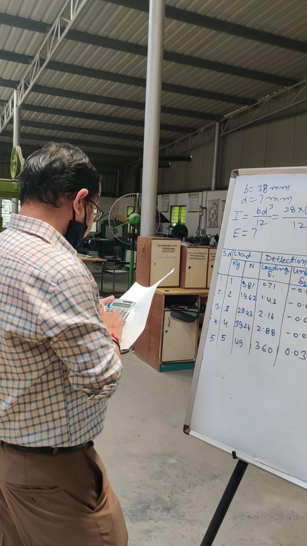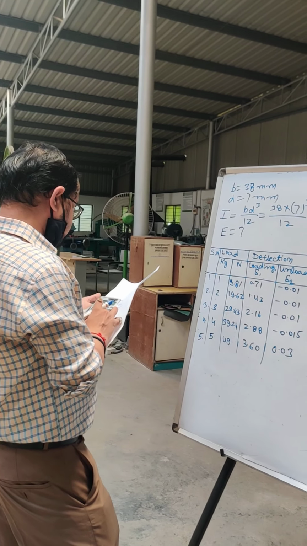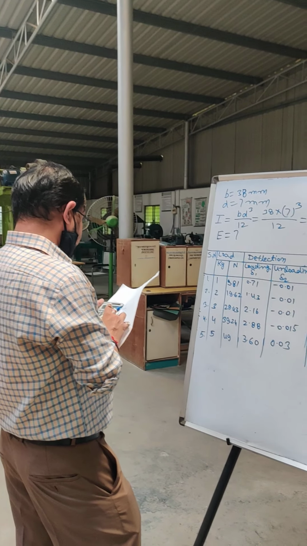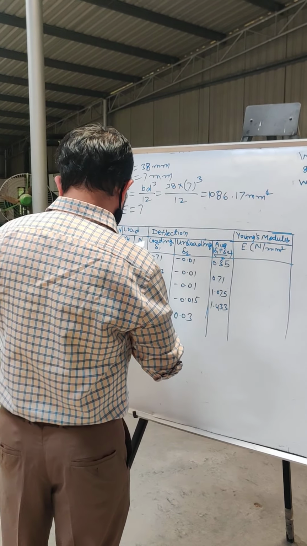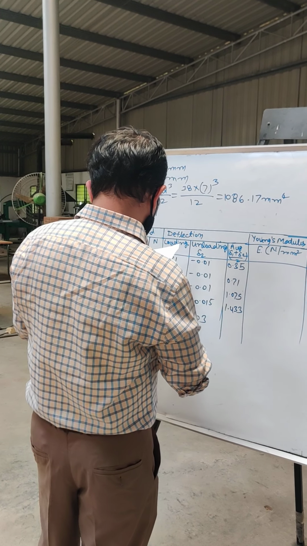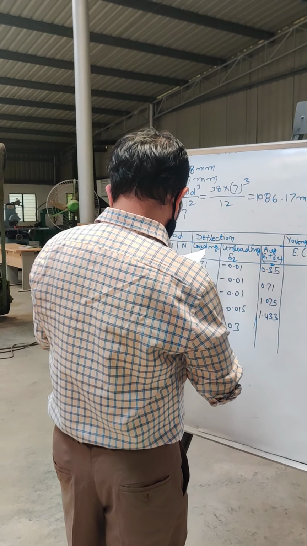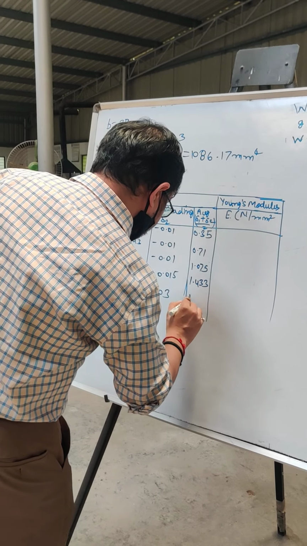Next, 3.60 minus 0.03, divided by 2, that is 1.78.